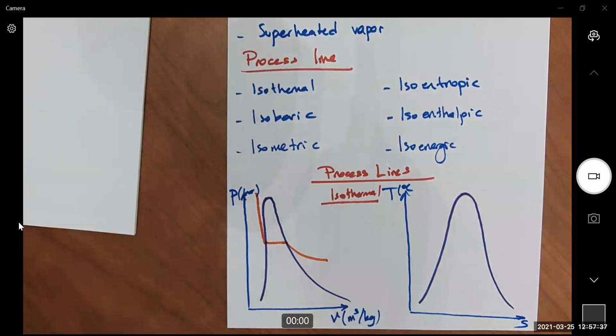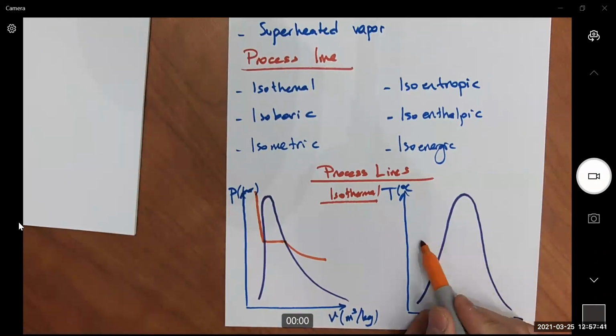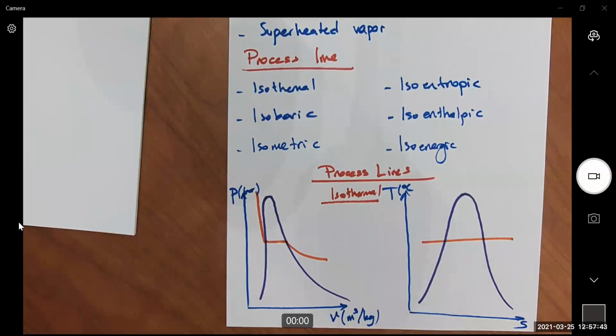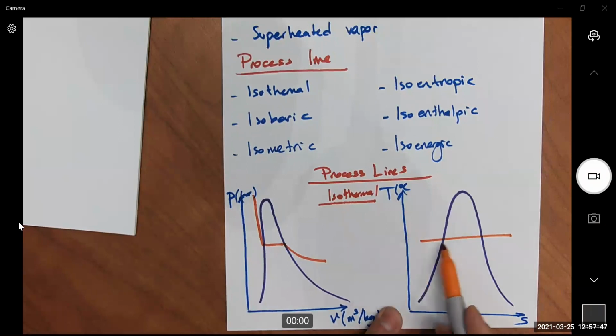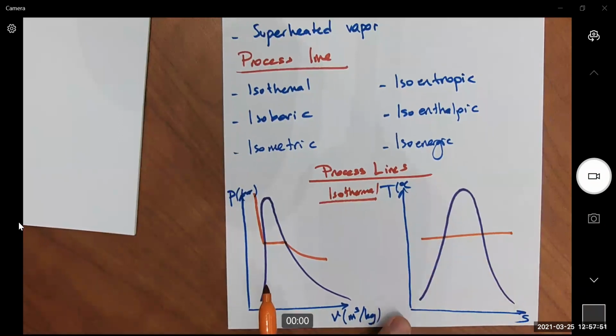It could go in either direction. Isothermal on a TS diagram is constant, because the temperature is constant. So be careful when you work on specific diagrams, as it will change.